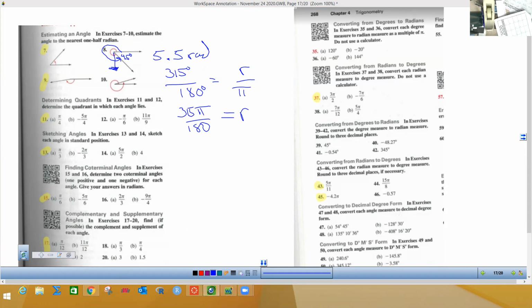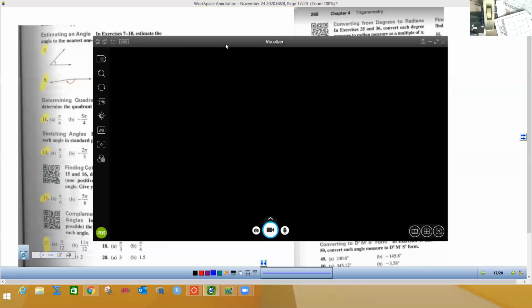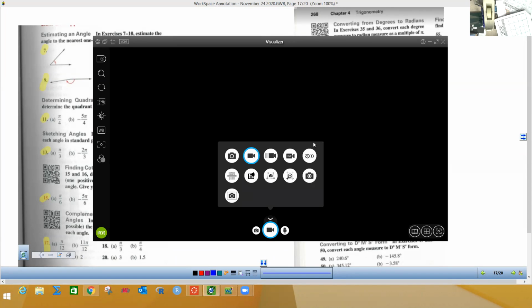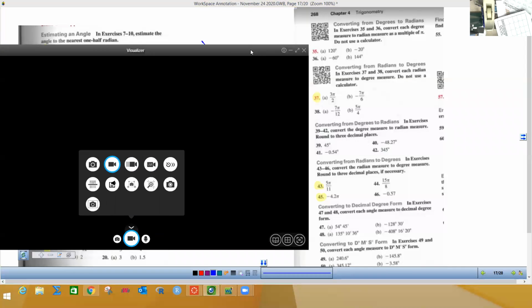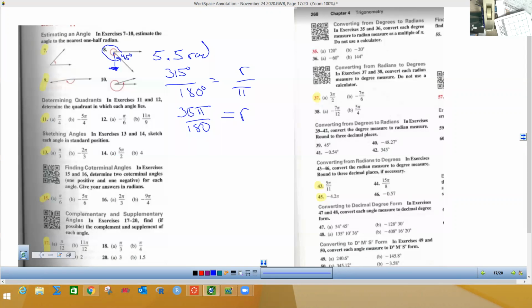Okay, there's my camera. Okay, where's my picture? All right, let me see if there's some reason my picture's not showing up.